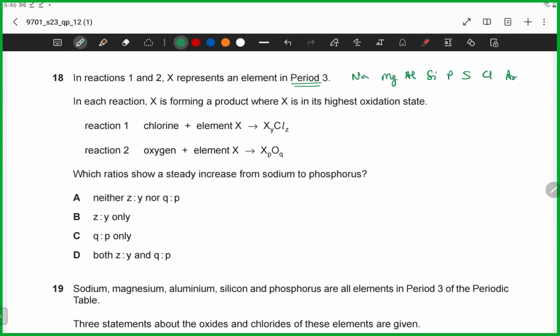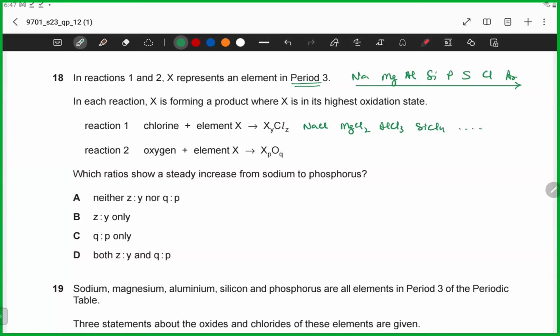तो वो कह रहा है कि which ratio shows a steady increase from sodium to phosphorus? अभी नीचे भी increase in ratio, right? Sodium to phosphorus. अब बैठ के वो सारों के लिए करना पड़ेगा. ठीक है? This is going to take a lot of time. मैं सारे लिख देता हूँ. NaCl होता है, MgCl2 होता है, you got AlCl3, you got SiCl4. मेरे ख्याल से वो steady increase जो है ना वो हमें पता लग जाएगा. ठीक है?